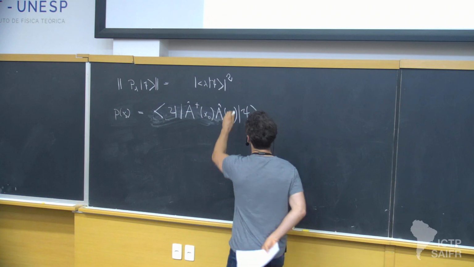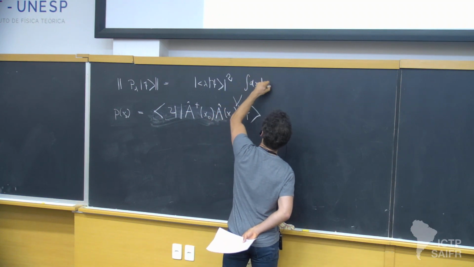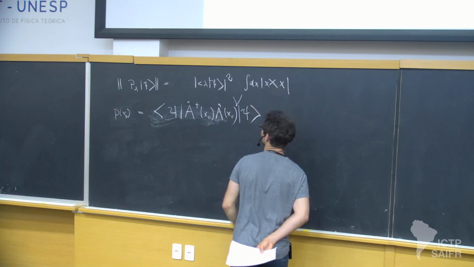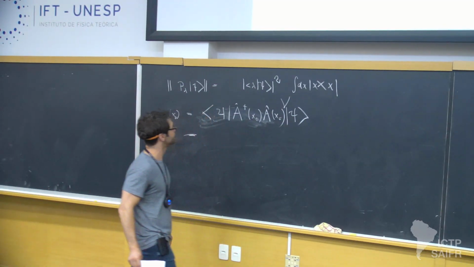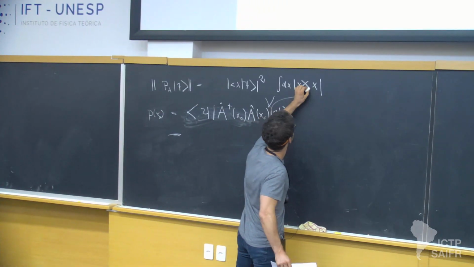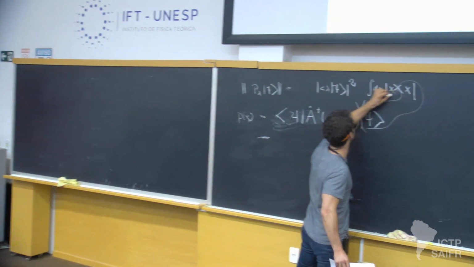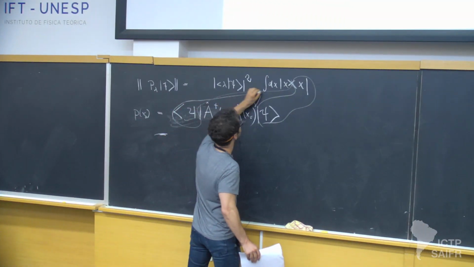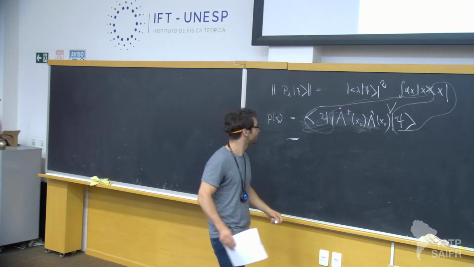Now I can just insert a resolution of identity, and then insert the definition of what this A dagger A is. This gives me a real space representation of psi, and this gives me a real space representation of psi star of x.